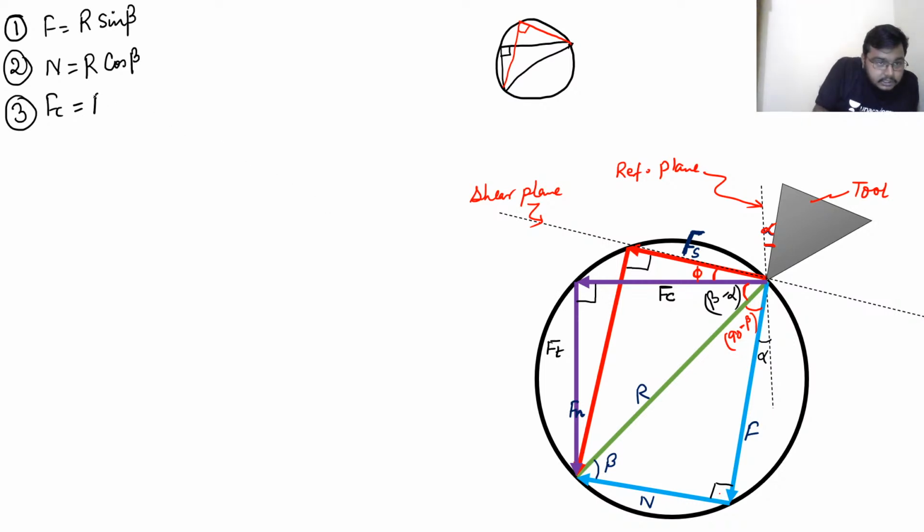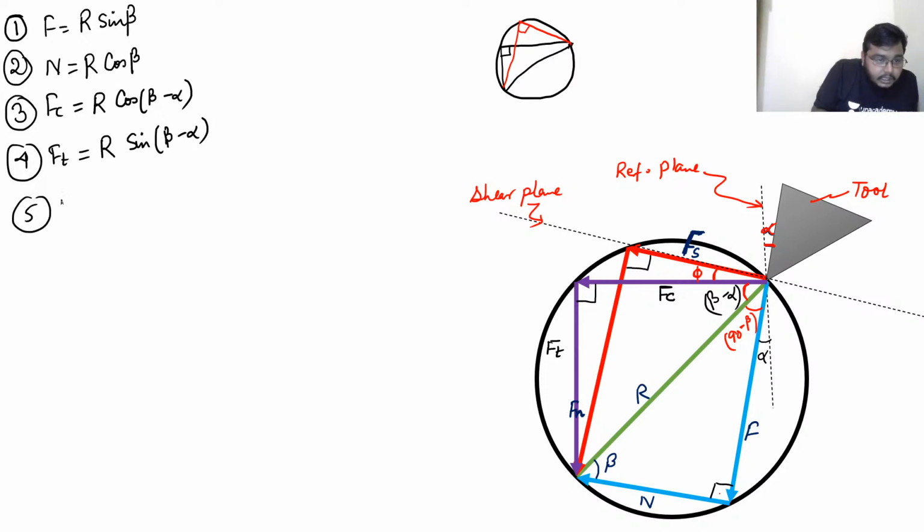So this is R cos beta minus alpha. Next relation is FT. Same angle, beta minus alpha. This is the vertical component, so that would be R sine beta minus alpha.